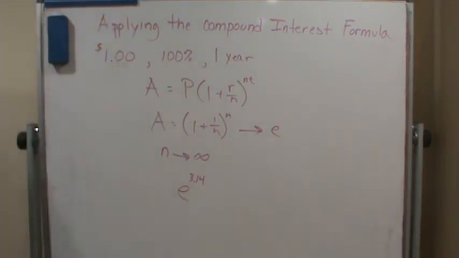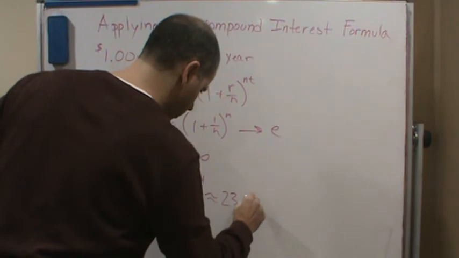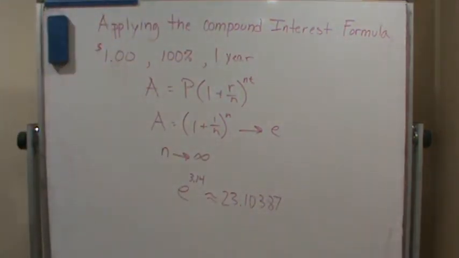If you do that, you get approximately 23.10387. That's the approximate value of e raised to the power of 3.14.